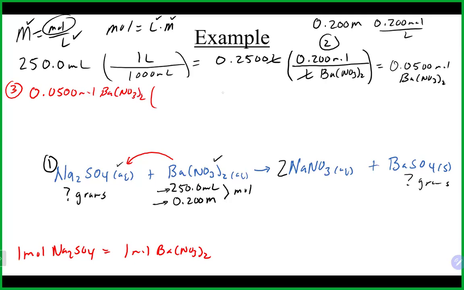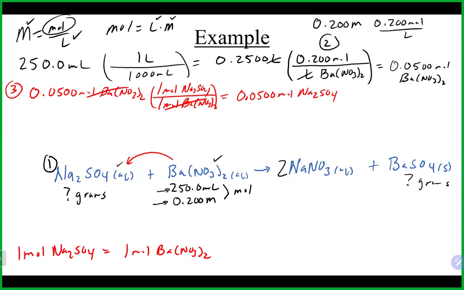We'll use our mole-to-mole relationship from the equation, which is 1 mole of sodium sulfate is 1 mole of barium nitrate. The moles of barium nitrate cancel, which gives me 0.05 moles of sodium sulfate. Any questions on that? So that's just a stoichiometry problem to figure that out.